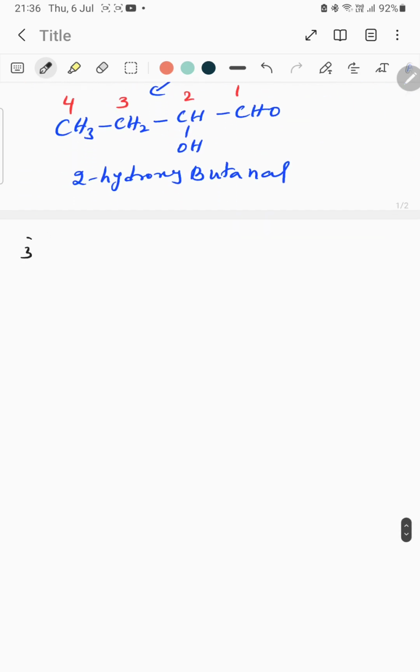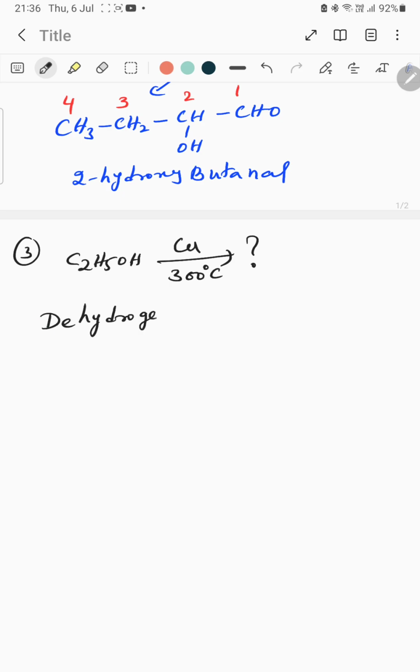Check the third one. When ethyl alcohol is passed over red hot copper at 300 degrees centigrade, which one is formed? The concept is the catalytic dehydrogenation.